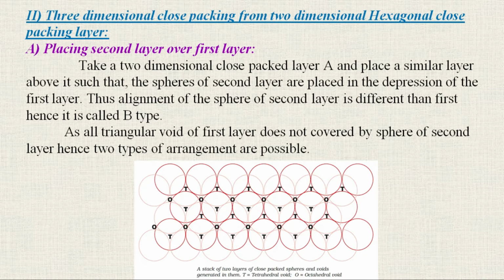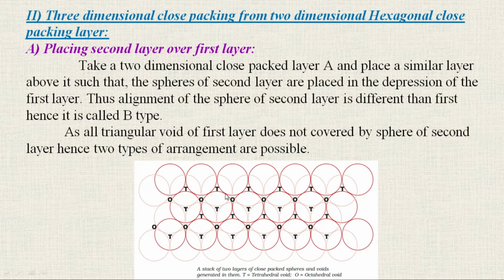So once again I will repeat. A tetrahedral void is formed by a trigonal void of the first layer covered by particles of the second layer. Along with this tetrahedral void, we can observe an octahedral void.